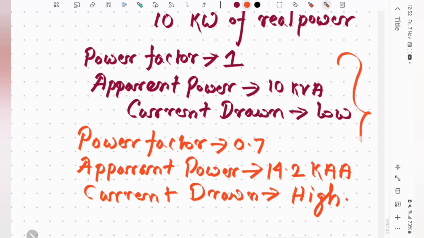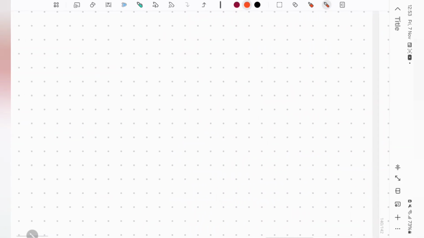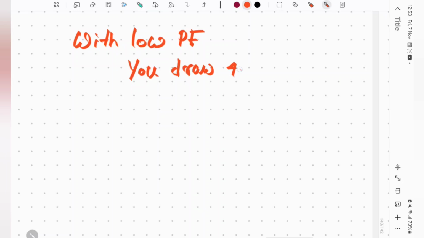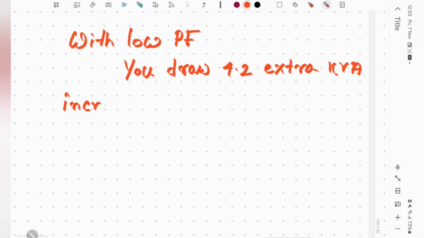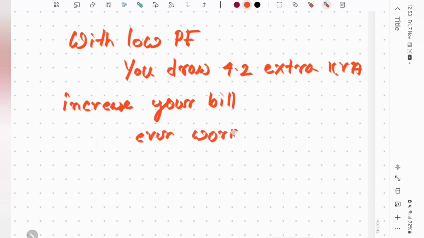From these two comparisons, we can say that with a low power factor, you draw 4.2 extra kVA, which increases your bill even though the work output stays the same. The work output is the same.